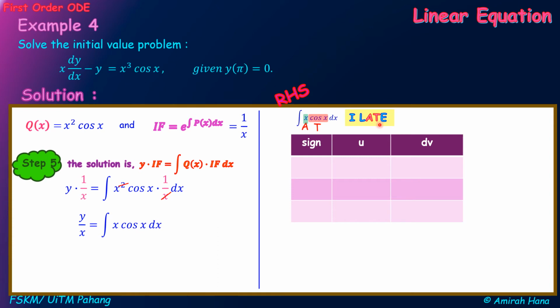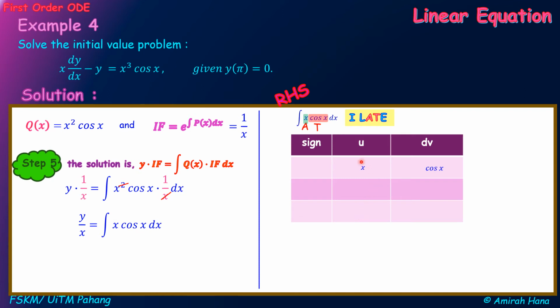From the Euler rule, A comes first, so whichever function comes first should be u. So our A, which is x, equals u, and our T, which is cos x, equals dv. After that, let us finish column u first so that we know when we can stop the rows.